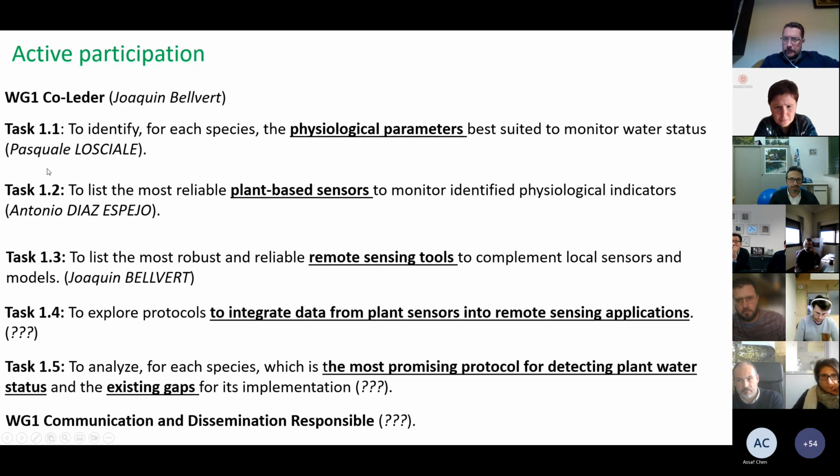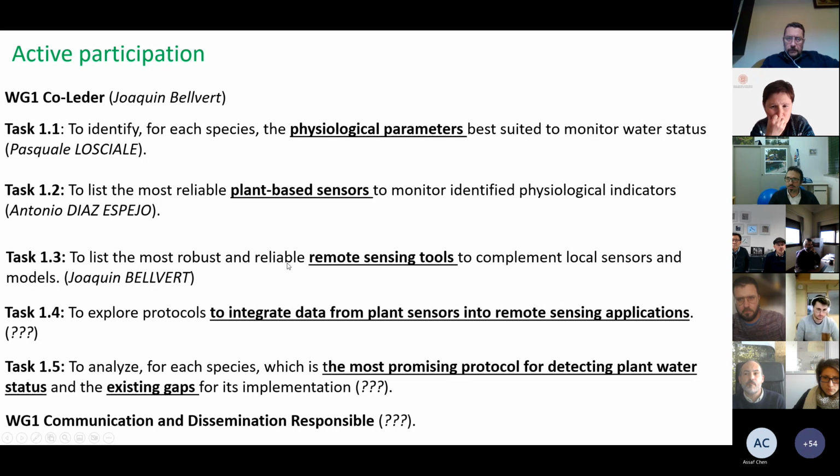But if anybody is available for leading this task, please, we can open at your availability. The task 1.2 will be led by Antonio Diaz.